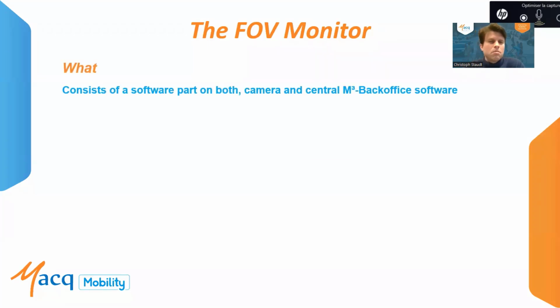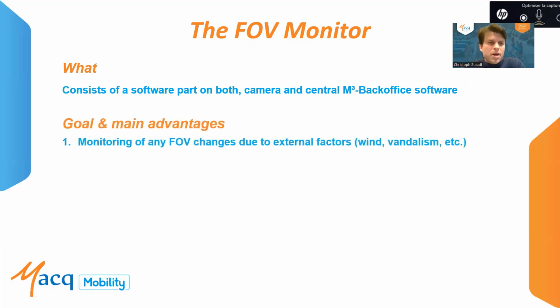What does it mean? How it works: on both the camera level and the back office MCube software, there are several additional software parts to monitor it. The goal and main advantages of this feature are, first, that we automatically monitor any changes of the field of view.